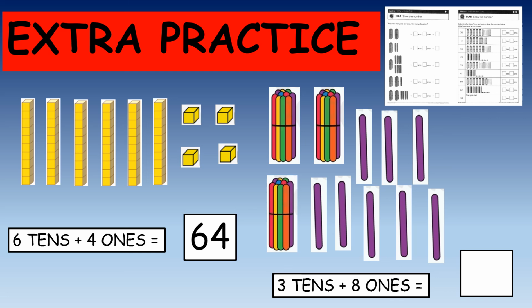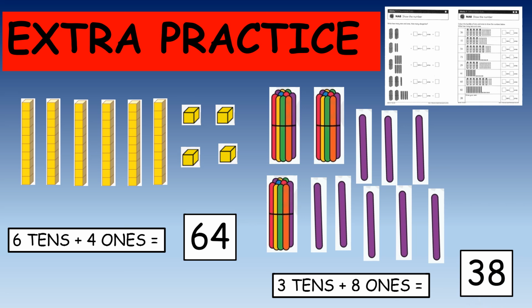Well, you can use your skip counting to help you. 10, 20, 30. There are 30 in the 3 bundles of 10, and then you've got 8 1s by themselves. You've got 30 and 8. 30 and 8 makes 38.